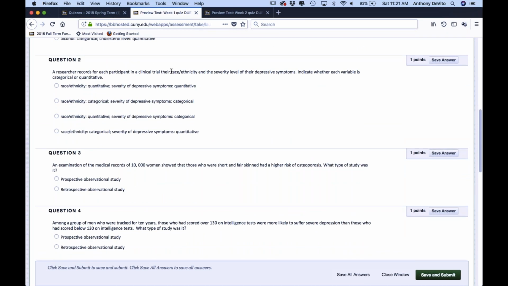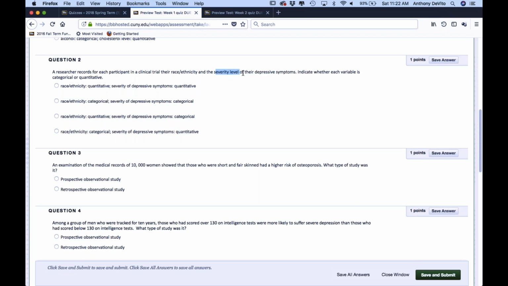Now, what about ethnicity? Well, ethnicity is going to be a category, right? White, black, Hispanic, and so on and so forth. So race and ethnicity is going to be a categorical, also called nominal, variable. And the severity of depressive symptoms, well, that implies some order. Something's bigger than something else.